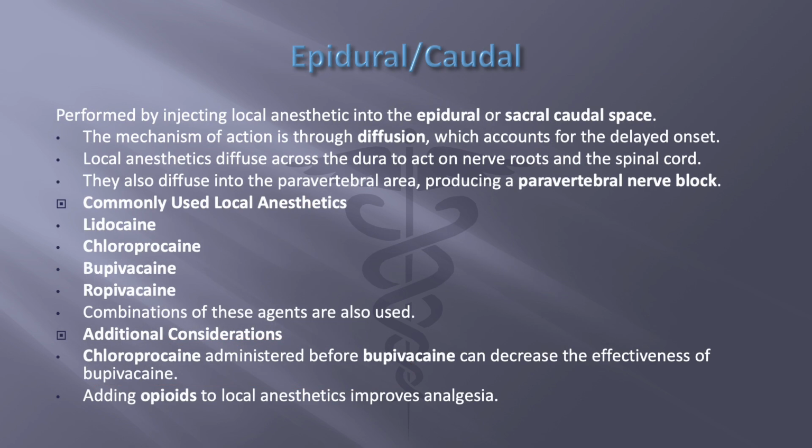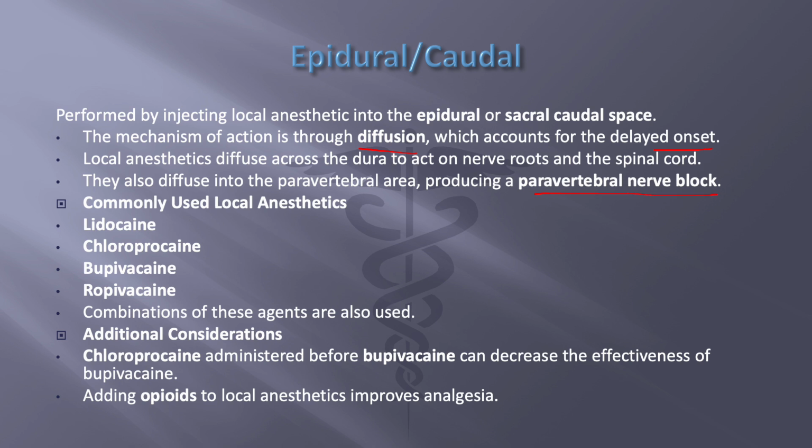Epidural and caudal injections. It's performed by injecting local anesthetic into the epidural sacrocaudal space. Mechanism of action is through diffusion, which accounts for the delayed onset, right? Local anesthetics diffuse across the dura to act on nerve roots in the spinal cord, and they also diffuse in the perivertebral area, producing a perivertebral nerve block.